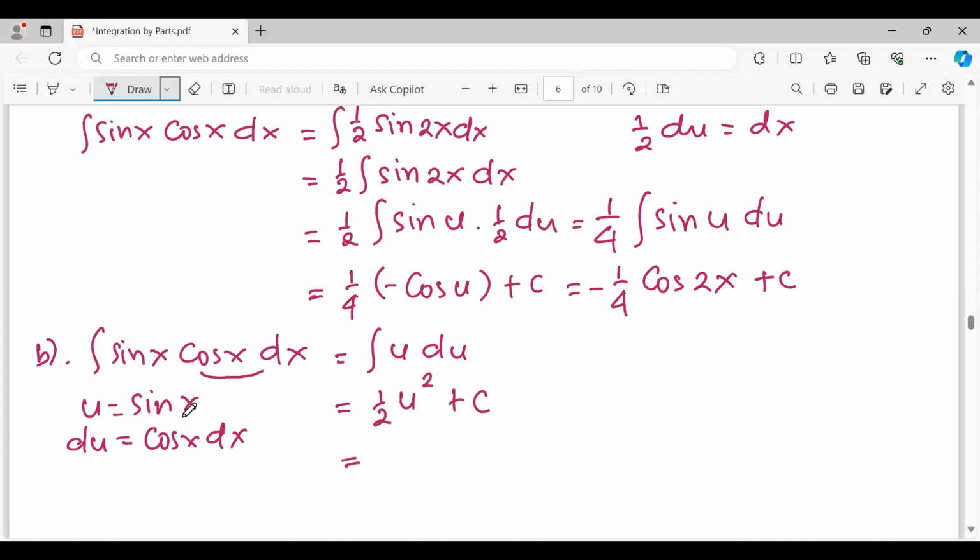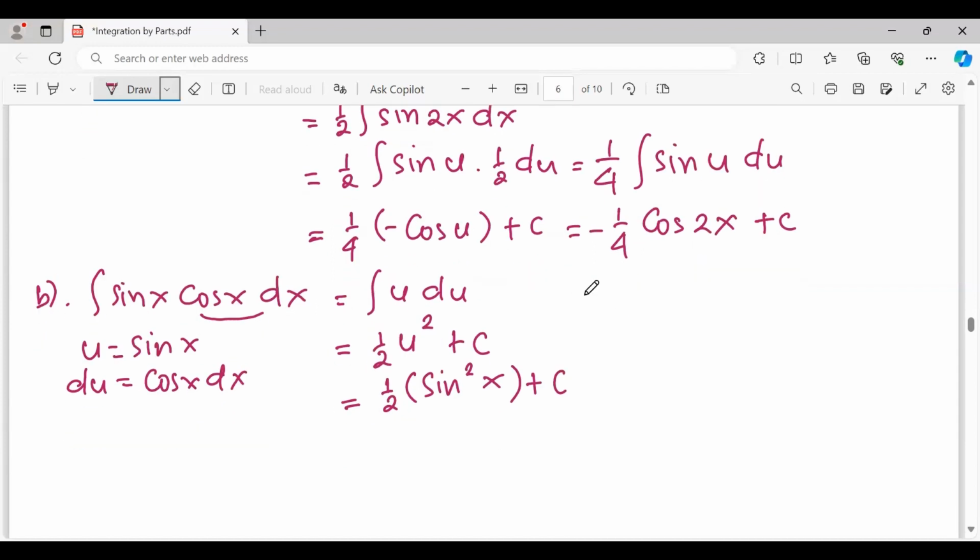Recall that u equals sine x. Half times sine squared x plus c. Okay.